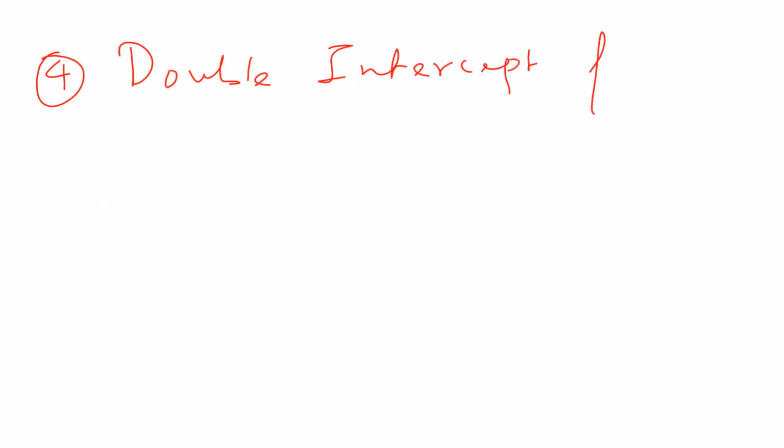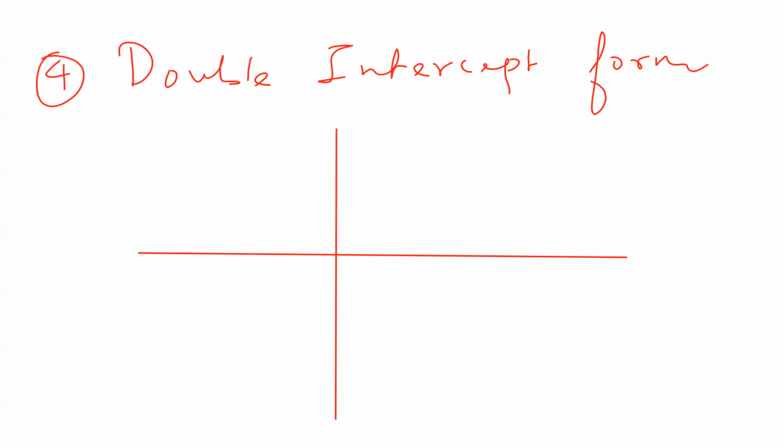Next, we are having double intercept form. So we have x-axis, and we have y-axis, and then let's take for example this blue colored line.